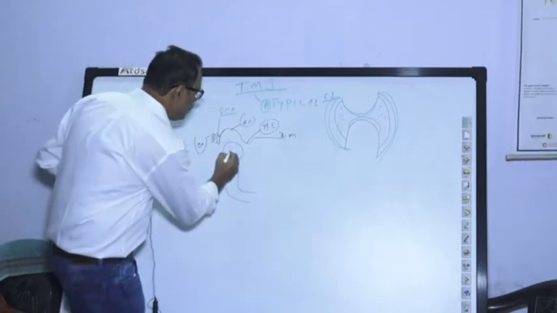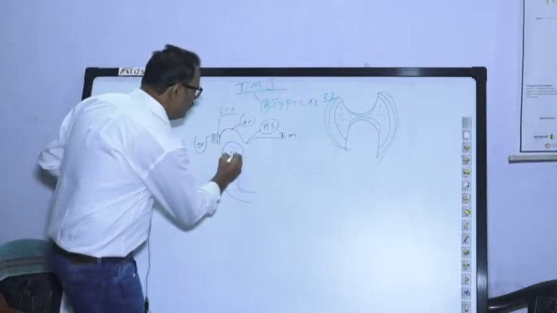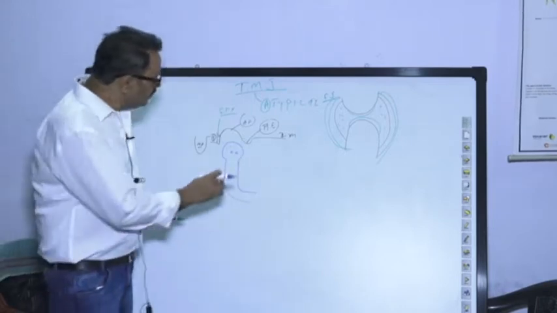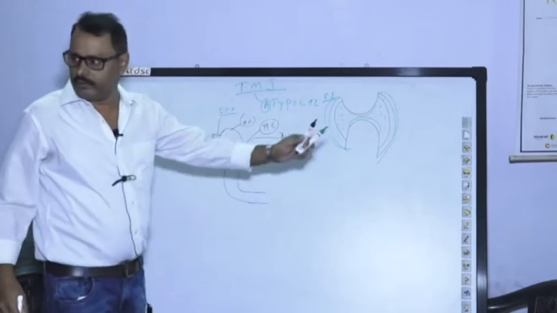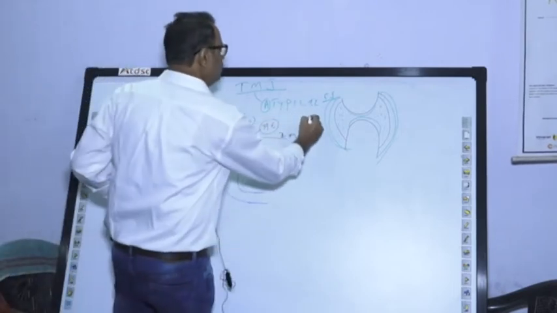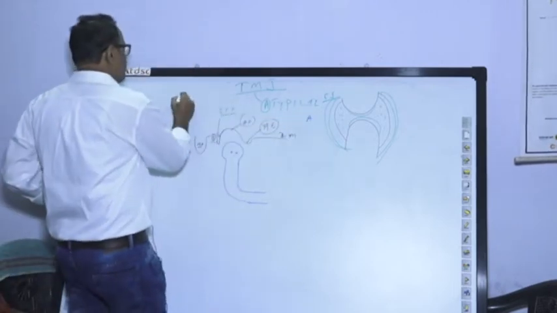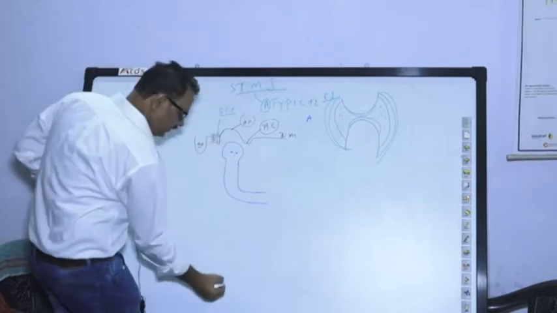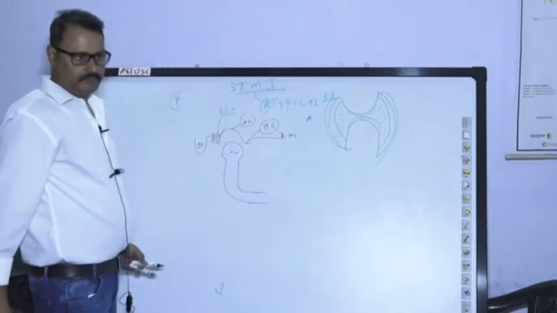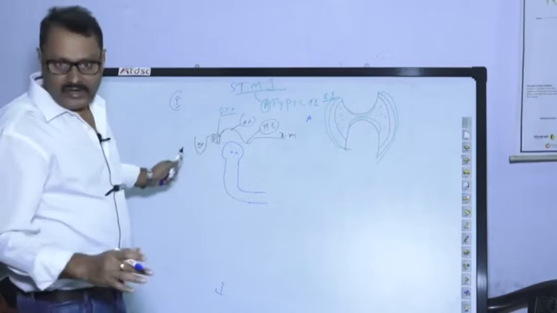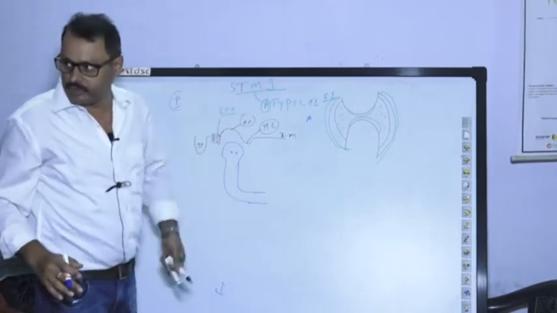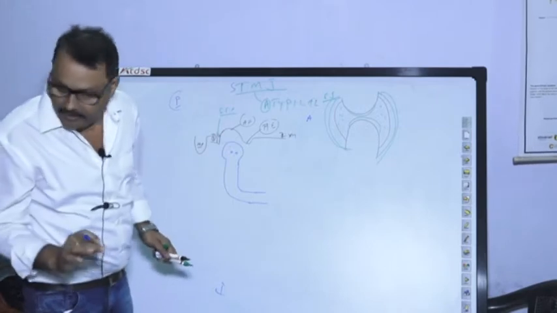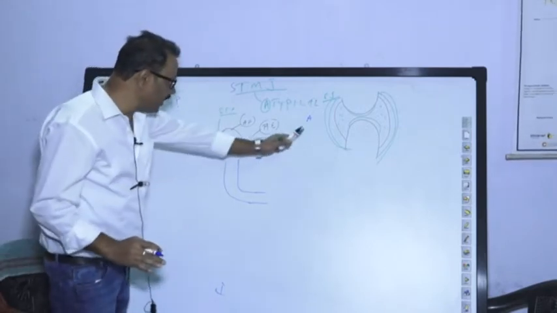This is the head of the mandible. This one is the ramus of the mandible and the body goes like this. This is anterior, this is posterior, this is superior and this one is inferior. You have to first mark the anatomical points: where the anterior is, where the posterior is, where the superior is, where the inferior is.